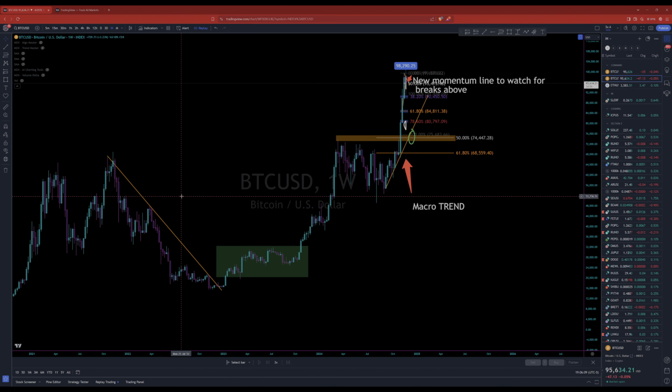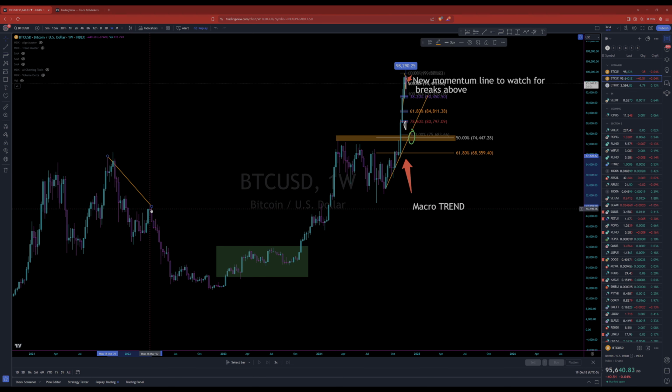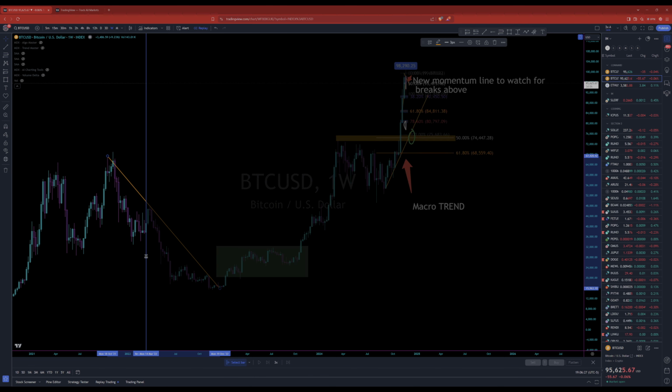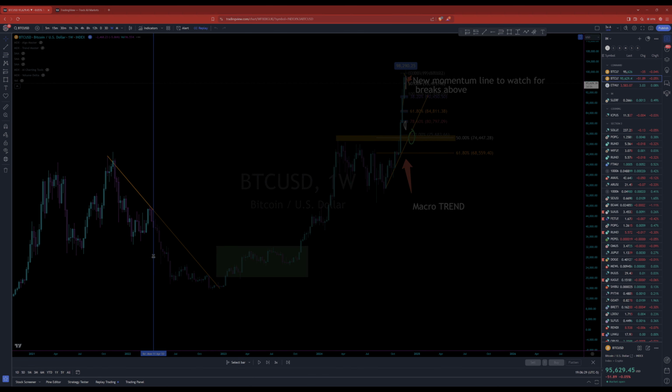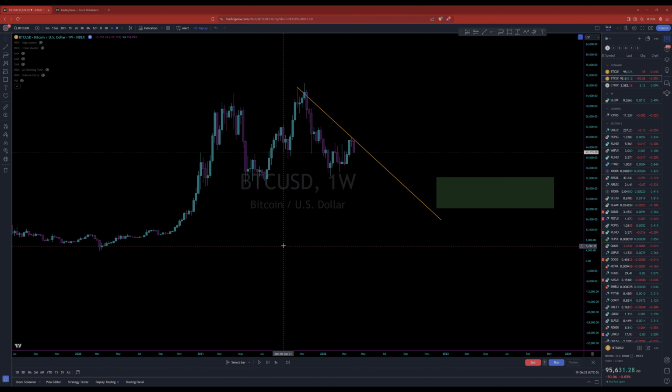Maybe that's the trend there. At this point, we had the second touch, so we know that that is something we can follow. Let's say that's all the data we had.